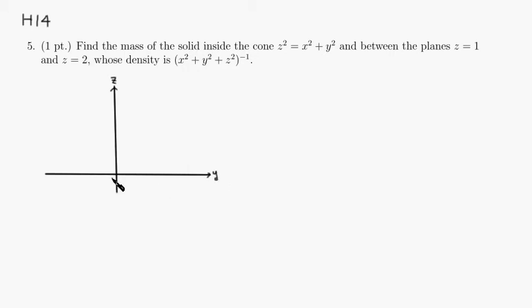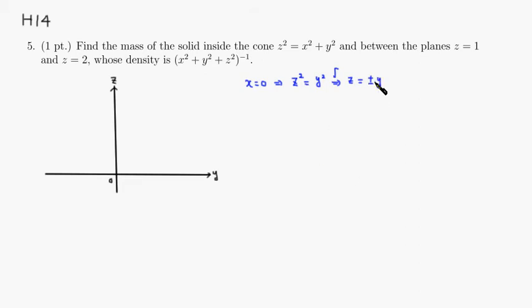The cone is going to be, if you set x equals 0, which is the yz plane, then you have the equation z squared is equal to y squared. That's the intersection between the cone and the yz plane, and by taking a square root you can see that this is just a couple of lines, plus or minus y.